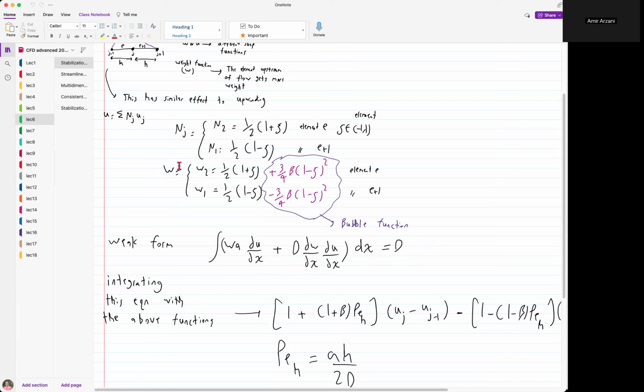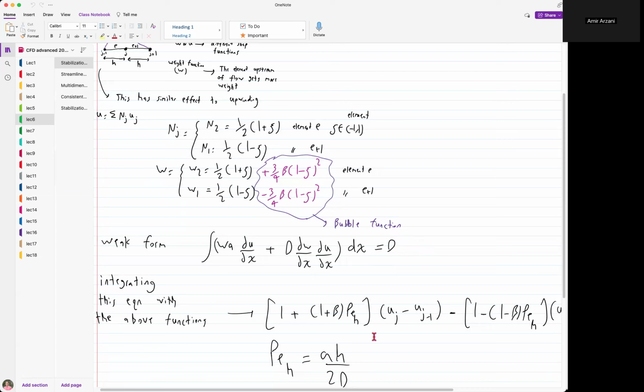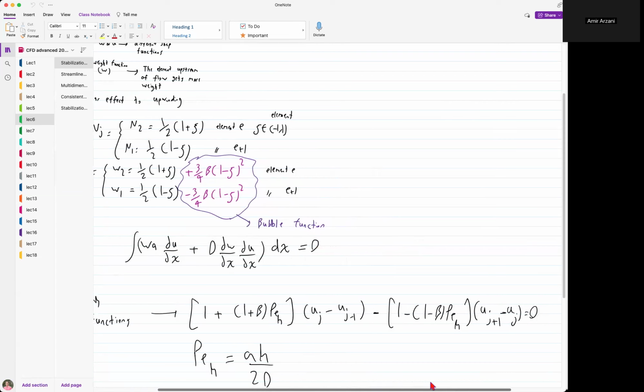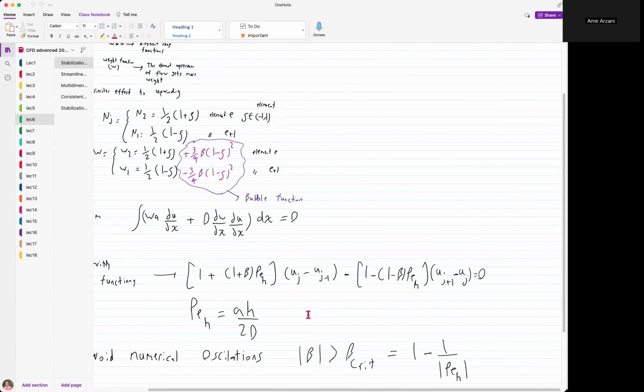If you plug in these shape functions and the typical finite element approximation, and you integrate this equation, you can show that this is what it comes down to in this 1D problem. As I mentioned before, finite element becomes very similar to finite difference in 1D. And this is the form of the equation that you will get by using these modified shape functions for your weights. Okay, you'll get some equation that looks like this.